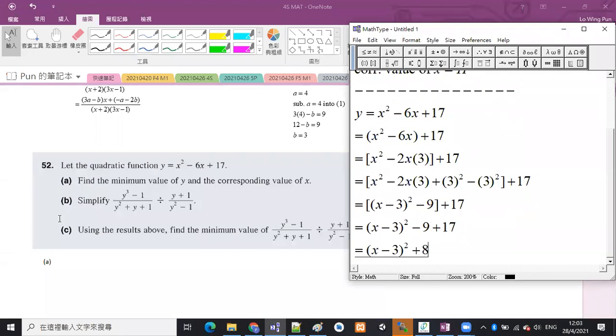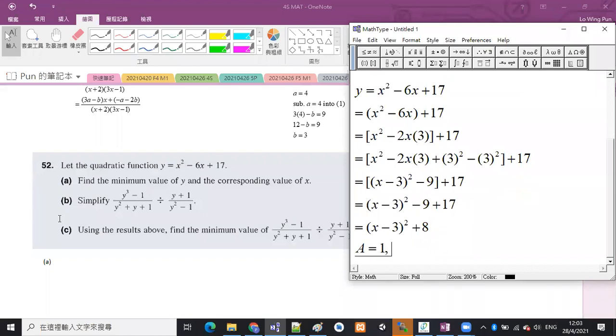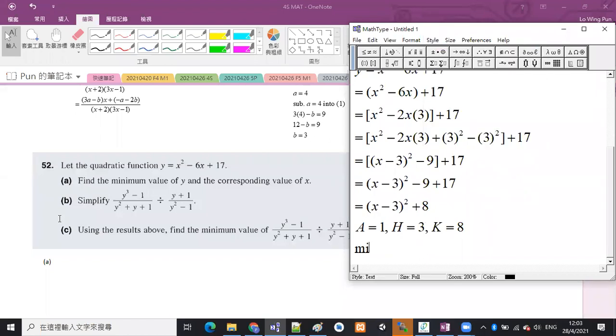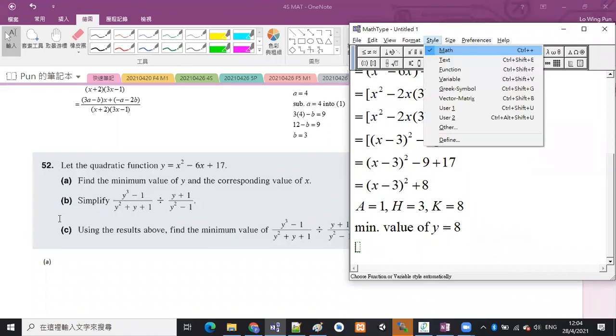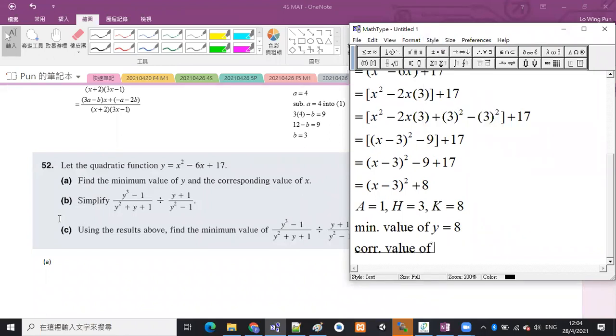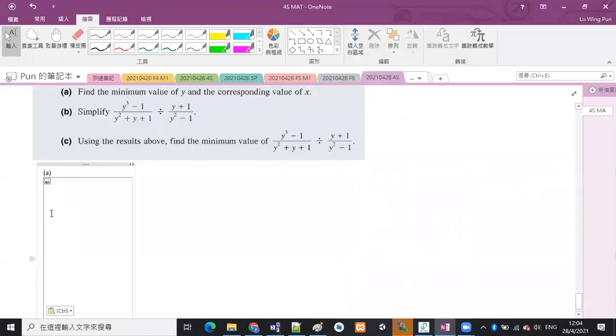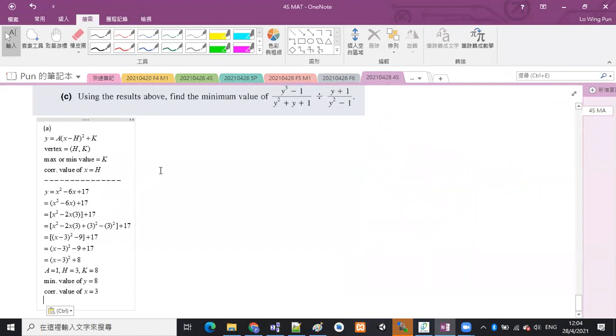Okay, so this is the AHK form. a equals 1, h equals 3, and k equals 8. So the minimum value of y is equal to k, that is 8. And the corresponding value of x is the h value, that is 3. That is the answer of part A. Is that okay?